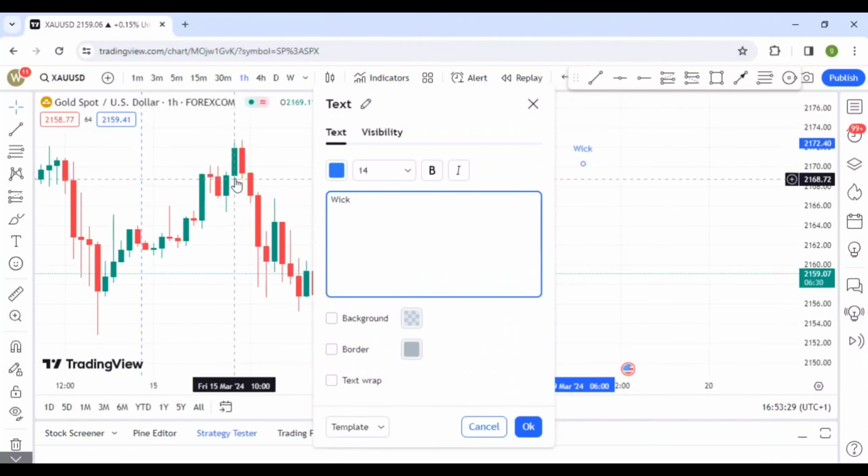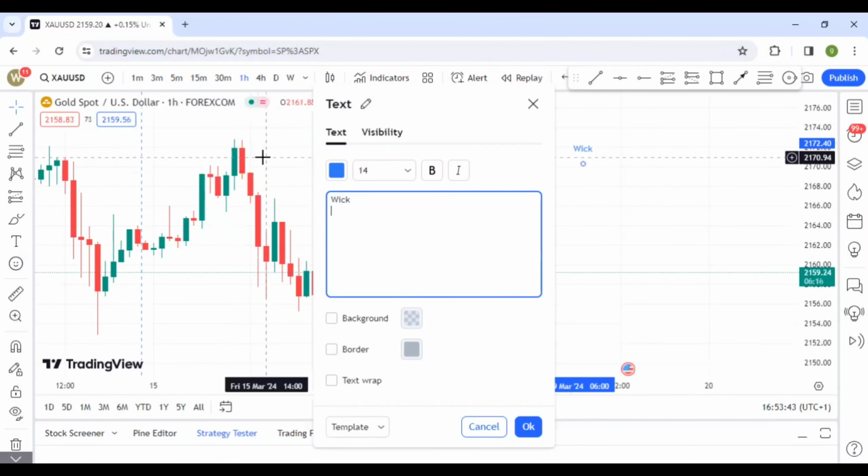Okay, these are the wicks. And the other part is the body of the candle. The body of the candle determines how strong, how volatile the market is, whether the buyers are the ones in charge or the sellers are the ones in charge.